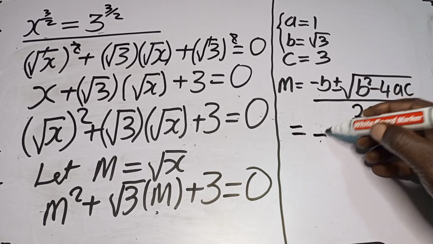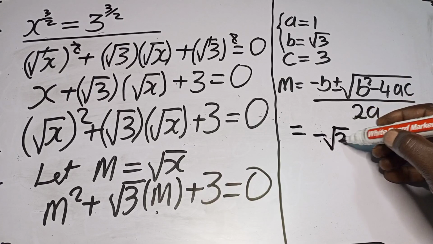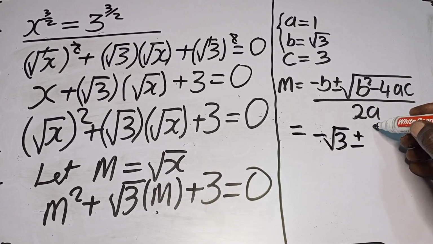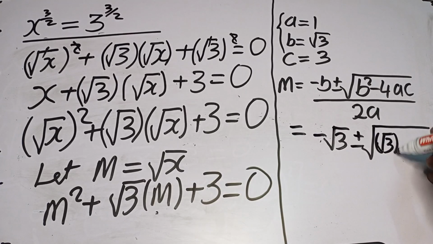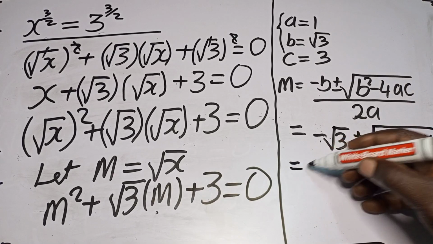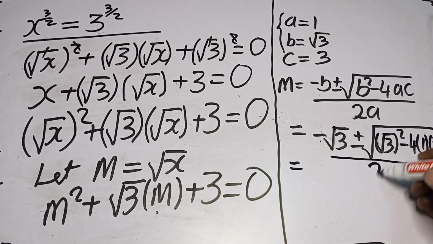So we have negative root 3 plus or minus the root of root 3 squared minus 4 into 1 into 3, all of that divided by 2 into 1.